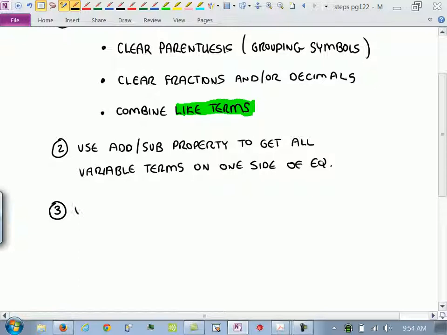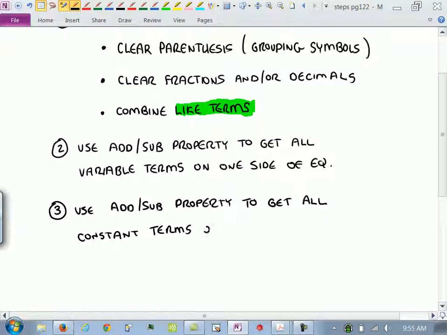Use the add subtract property again to get all constant terms on the other side of the equation.